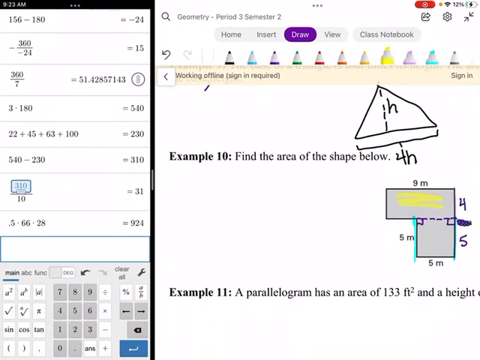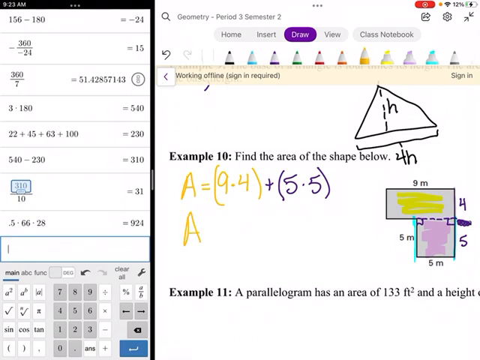So to find the area of the yellow shaded region, we are going to take 9 times 4, and then we are going to add the area of this purple shaded region. So we're going to do plus 5 times 5, or you can just write 5 squared if you'd like. And that'll give us the total area of those shaded regions.